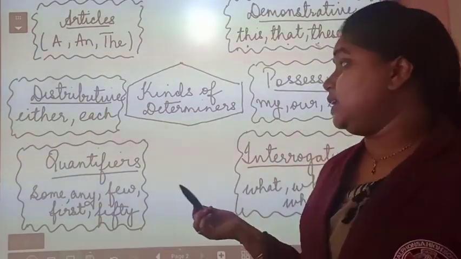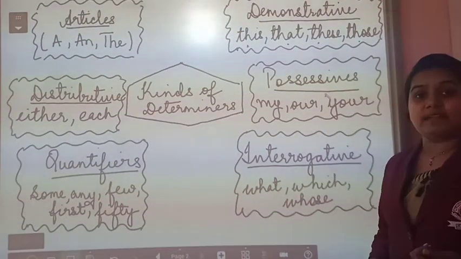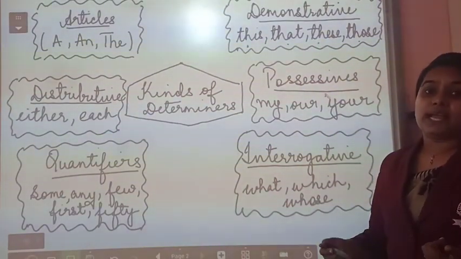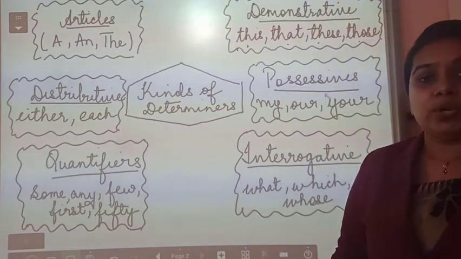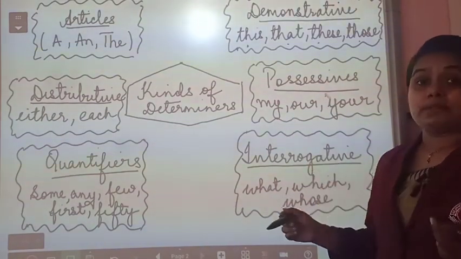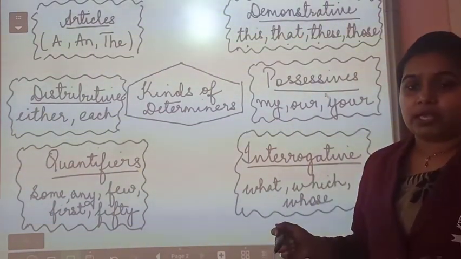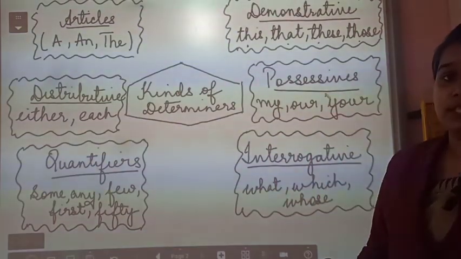Okay, you may be knowing this. Next one is possessive. The word possessive itself gives us the clear meaning, that it is telling us the possession, the ownership, to whom it belongs. This is my book. Okay, my here is what? Determiner of possession, possessive determiner.